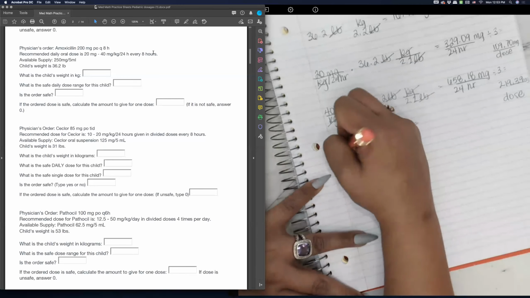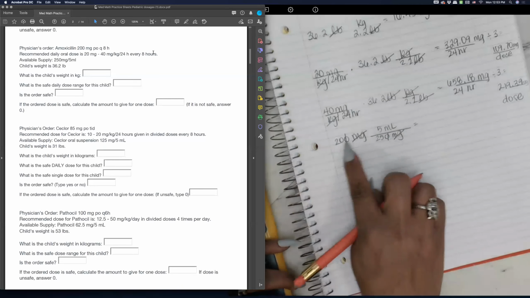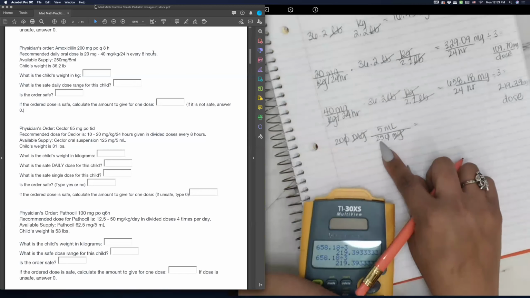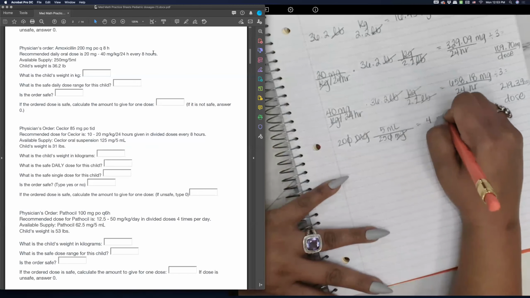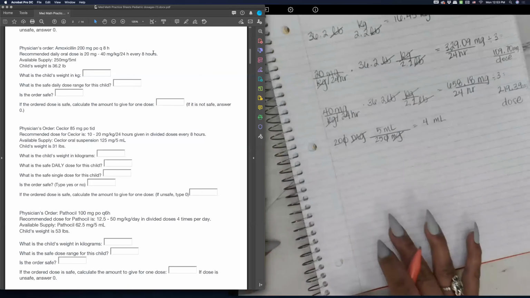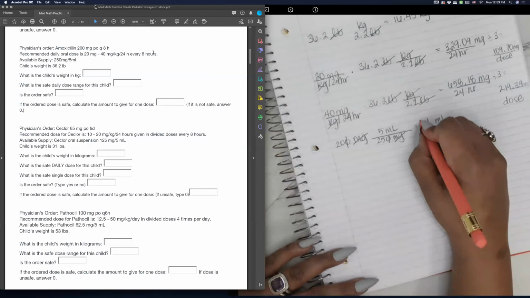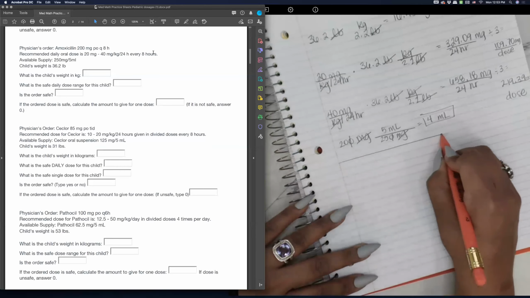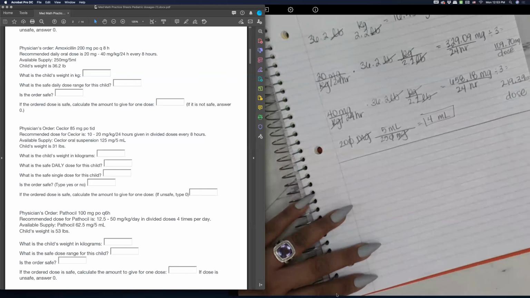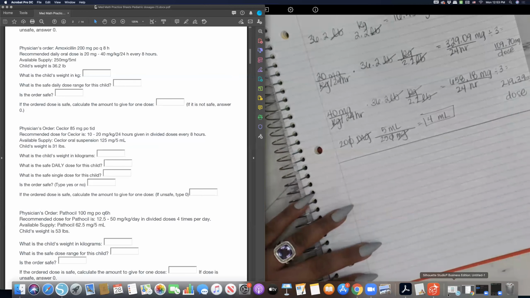A trailing 0 will cancel. So 20 times 5 is 100, divided by 25 is 4 milliliters. So we'll administer 4 milliliters to our patient. Okay. Next problem.